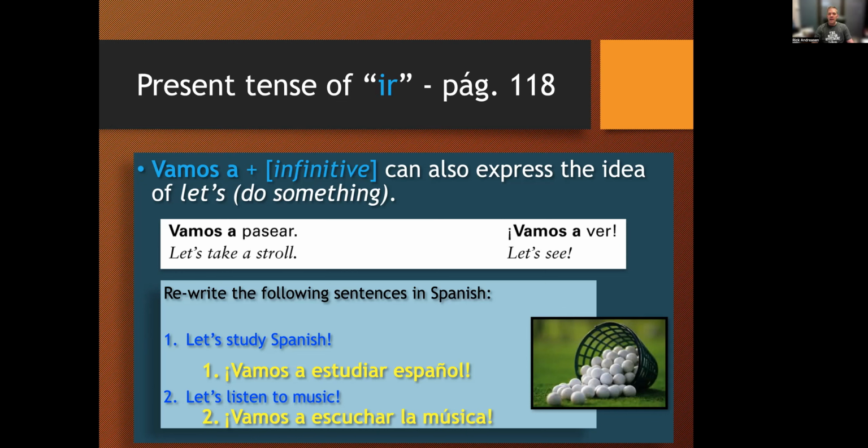Okay, so some great ways of using the verb ir in the present tense. Hope that's made sense. Again, just short because we're only reviewing this one verb, but this coupled with all the vocabulary that you looked at in 4.0 will give you a great head start on being able to say a lot of different things.